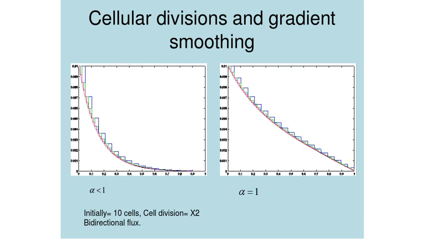The last thing I would like to discuss is that there are two cases, alpha equals 1 and alpha less than 1. If you start with 10 cells and we do cell division, each color corresponds to one stage. When we do cell division, you change color and you see that the expression of the morphogene in a cell becomes more and more accurate.